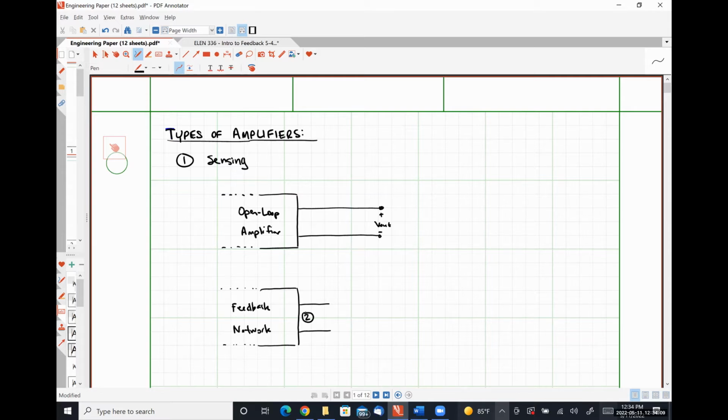So our first option is that we connect our output in parallel. We connect our feedback network in parallel to the output of our open loop amplifier whenever we are trying to measure or sense a voltage signal. Okay, so this is our voltage sensing configuration.